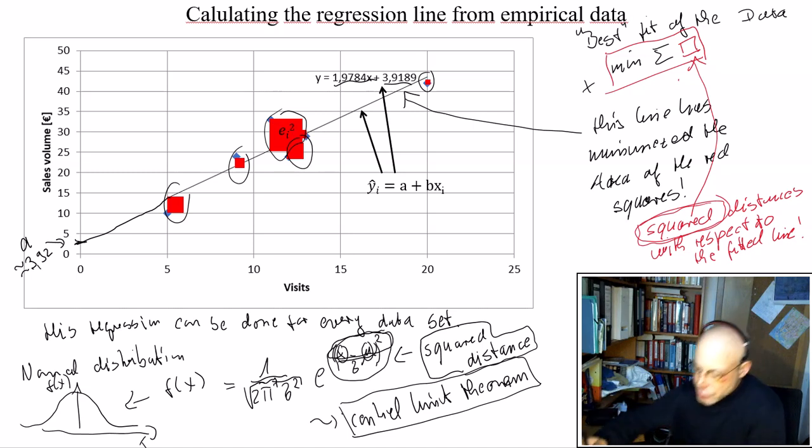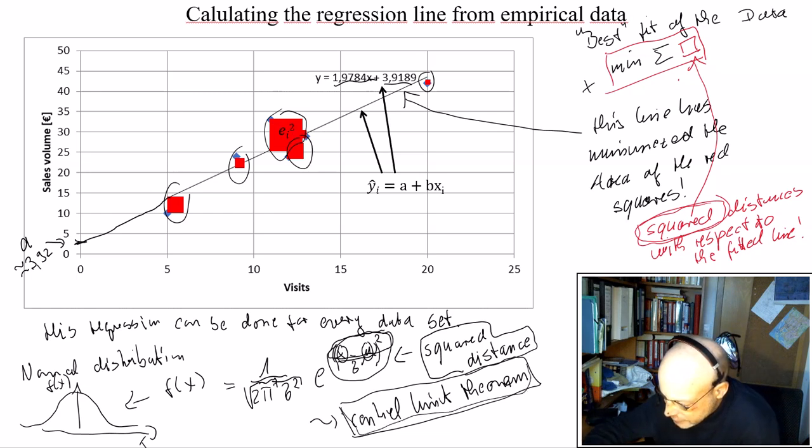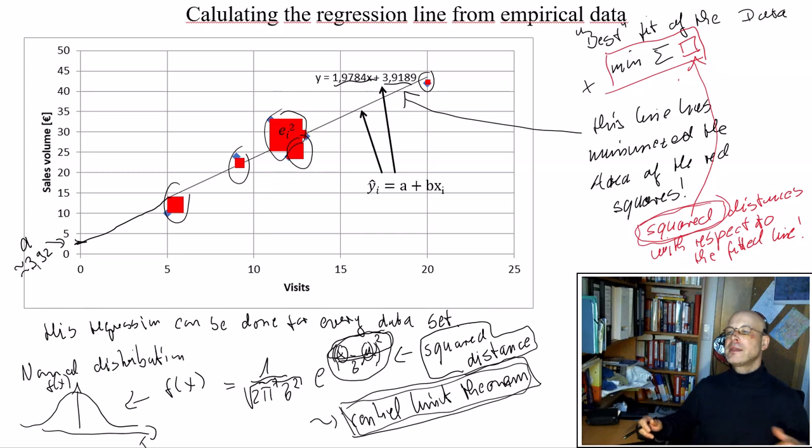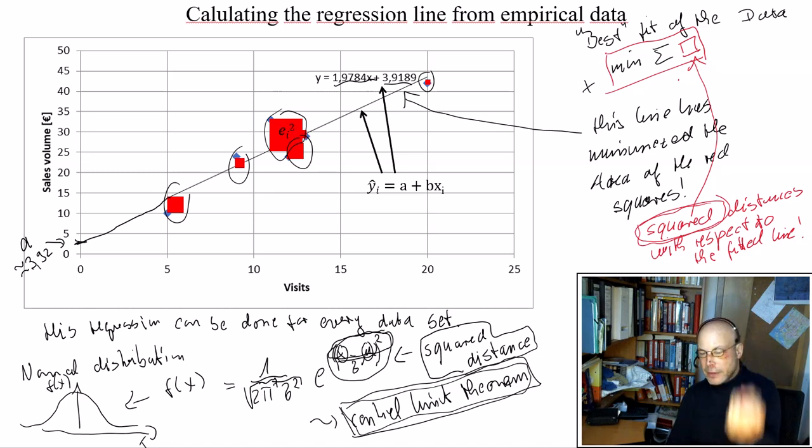And then you can show, and this is the central limit theorem, and this is very surprising, that every distribution will tend, or the expectation, the mean of your distribution when you're taking your data, will tend in the limit to the normal distribution when you increase the number of your data.